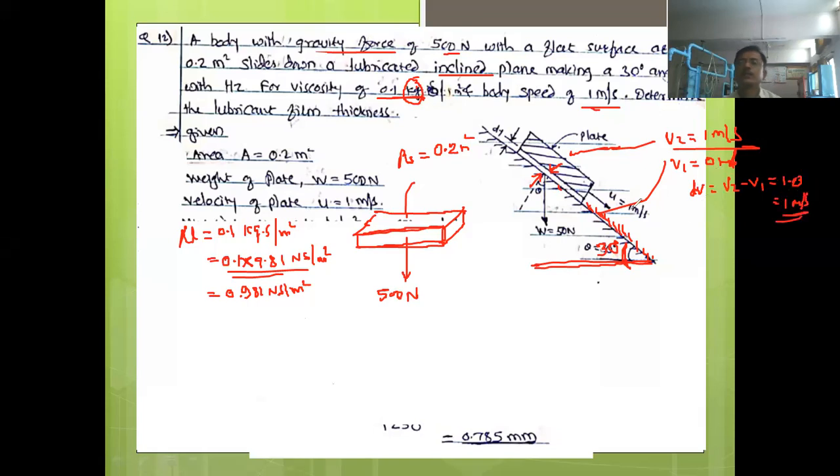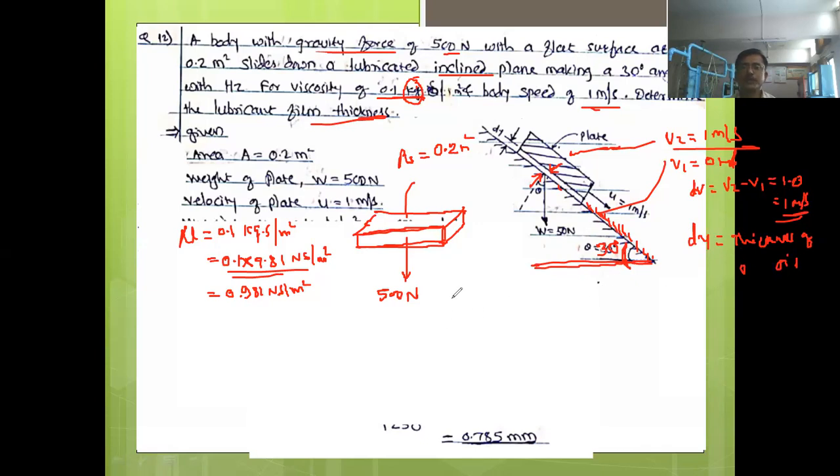Similarly, the thickness is the distance between the two objects, the plate and the surface. So directly you can write dy equal to that thickness of oil, the lubricating film thickness, and that we have to find out.